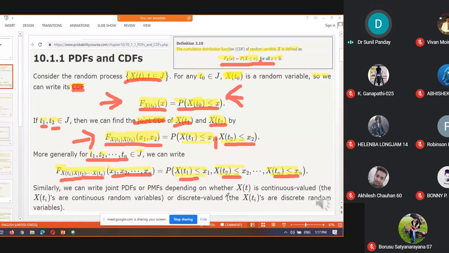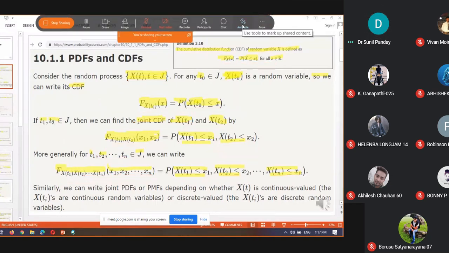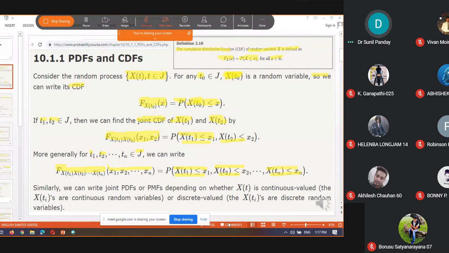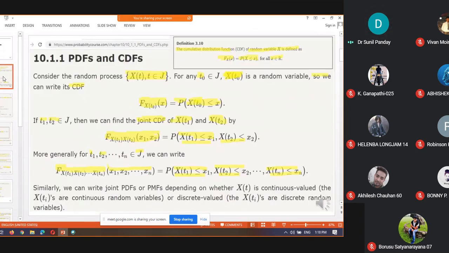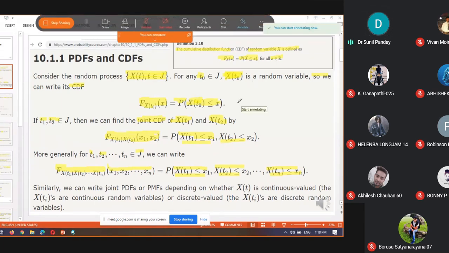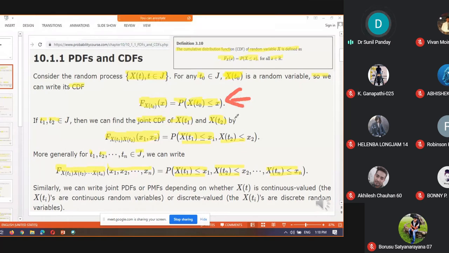This is the way we define the cumulative distribution function, or simply the distribution function. The other concepts are also generalized like this. The differentiation of the distribution function is known as the probability density function. The same concepts are generalized for two random variables, and in the case of X(t1), X(t2), ..., X(tn), for n random variables.